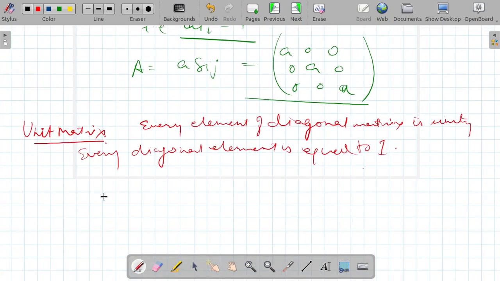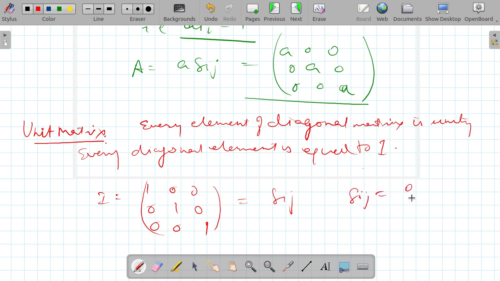Let us take an example, or it can be written in the form of the delta function. Such a matrix is known as an identity matrix. Here delta_ij has the property that it is either 0 or 1 depending upon whether i is not equal to j or i is equal to j, right? So this is all about the unit matrix.